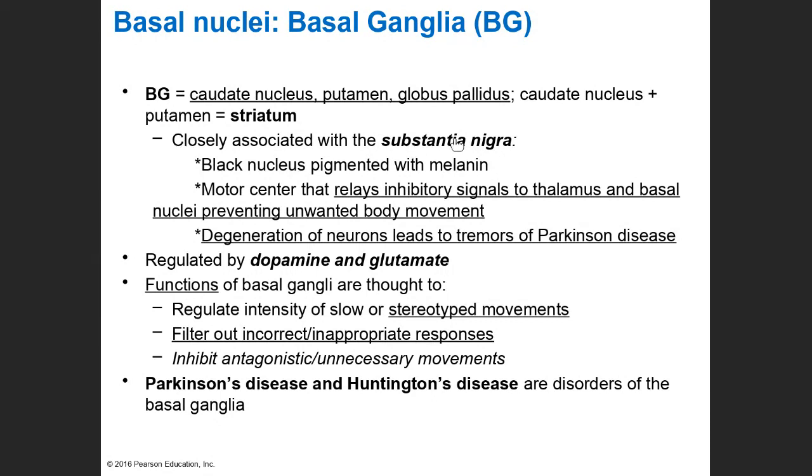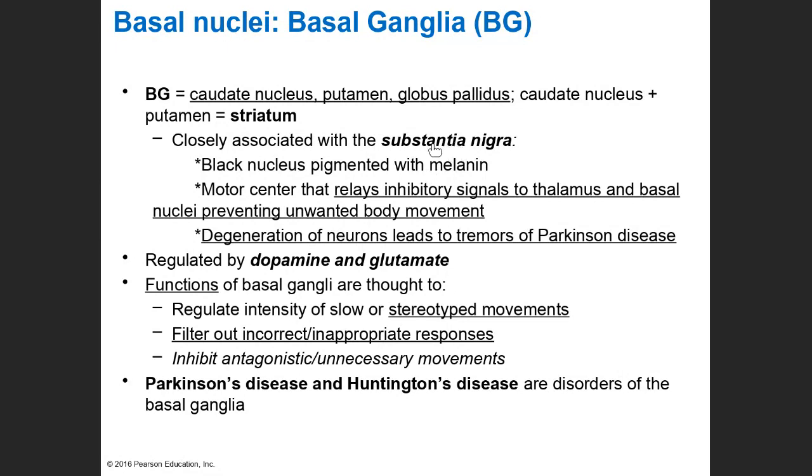It's not part of the basal ganglia, but it's close to it. So the substantia nigra is going to inhibit unnecessary or unwanted movements, and it does this by giving inhibitory signals to the basal ganglia as well as the thalamus. Now, what happens in Parkinson's disease is that the substantia nigra becomes degenerated. So you're having a breakdown of this region called the substantia nigra.